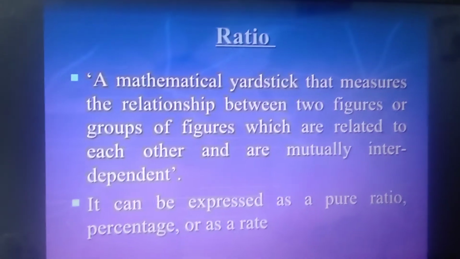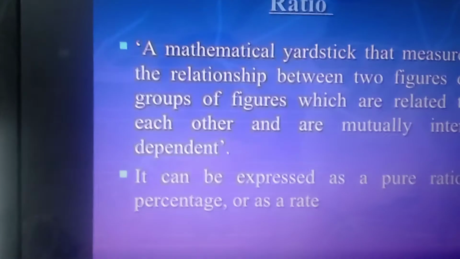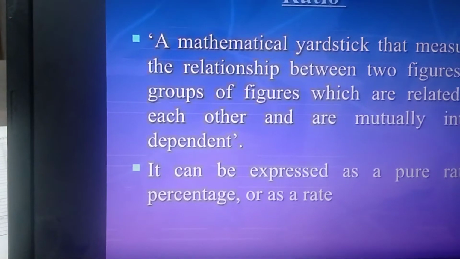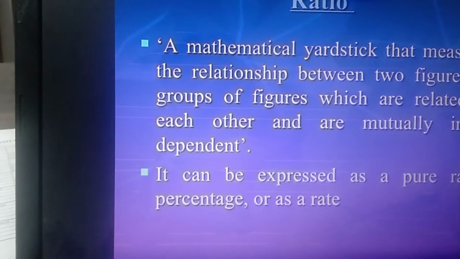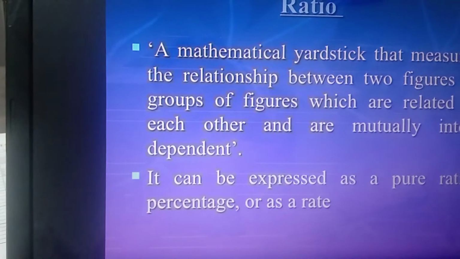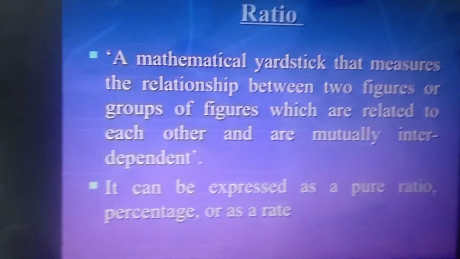If we define the ratio simply, the meaning of ratio is the concept which is explained with reference to the items shown in financial statements. That is called the accounting ratios.